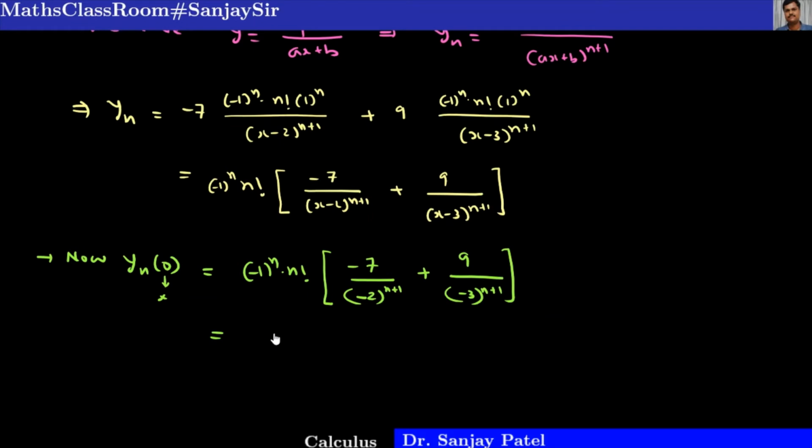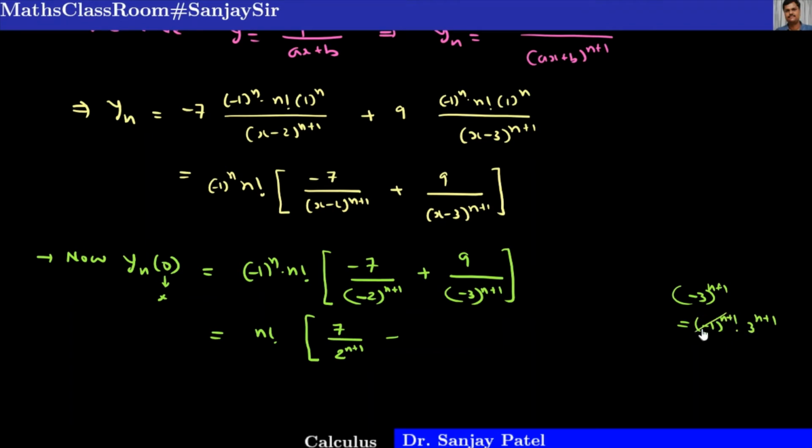Okay. Just we can simplify this as follows. The (-1)^n, if you take inside, you can write this as n!. This will be cancelled because (-1)^n into -1 is (-1)^(n+1). That will go with this, and what you will get is 7/2^(n+1). And here (-1)^n and this (-3)^(n+1), as you know, we can write as (-1)^(n+1) into 3^(n+1).